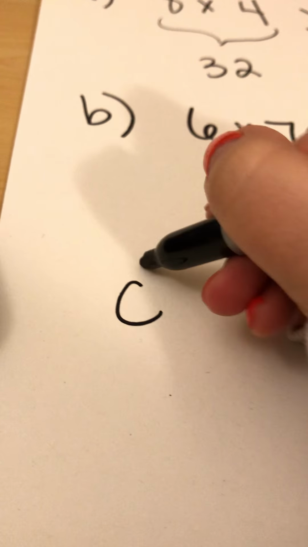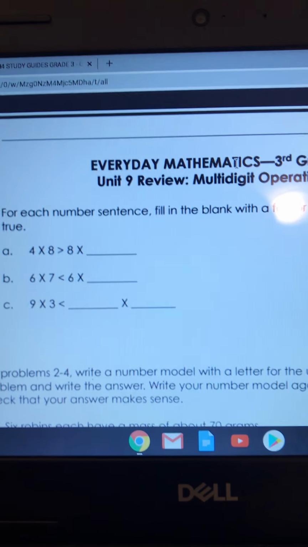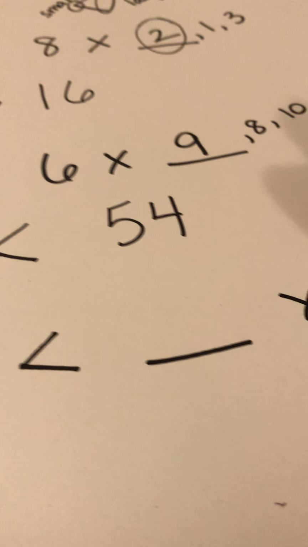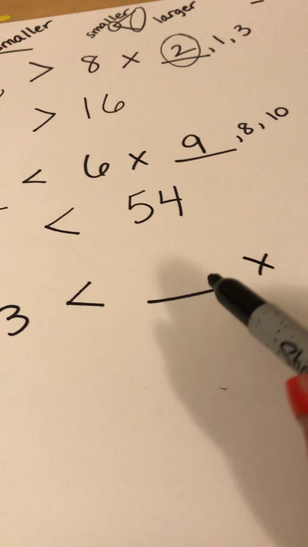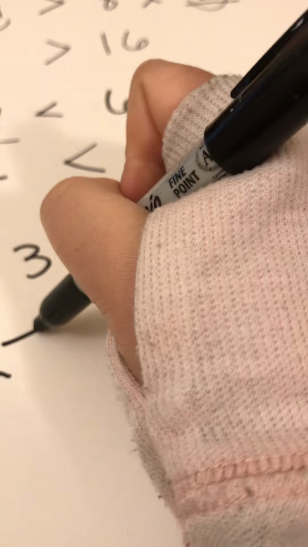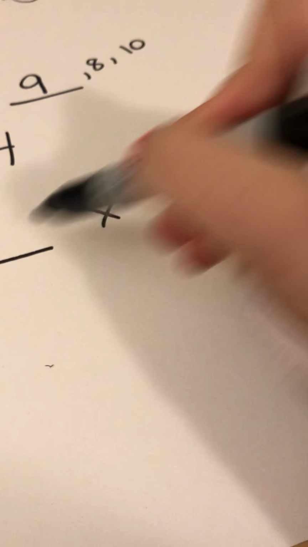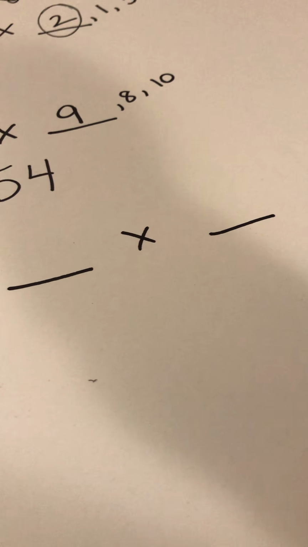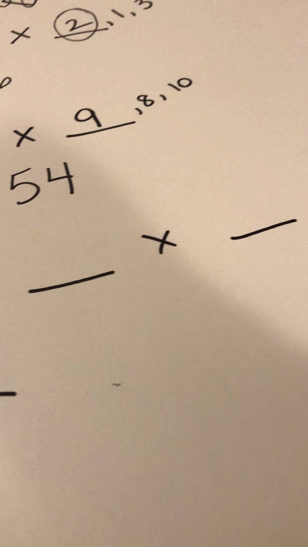So that's part B. Part C, 9 times 3 is less than blank times blank. So they didn't give us any of the numbers. They just gave us 9 times 3, which I know is 27. So I just need to pick 2 factors that, when multiplied together, is more than 27.